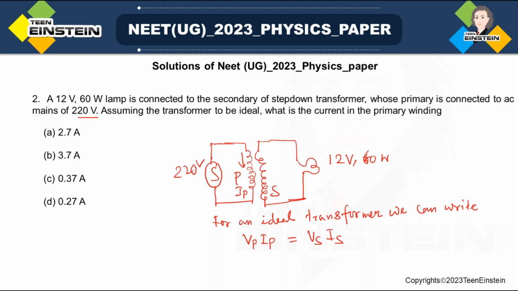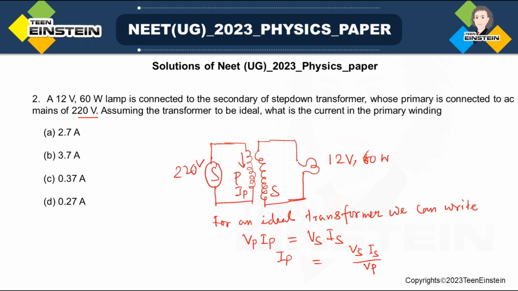So if the transformer is ideal, the same power will be induced in the secondary coil. Same power will be induced. That's why we can write IP must be VSIS by VP.